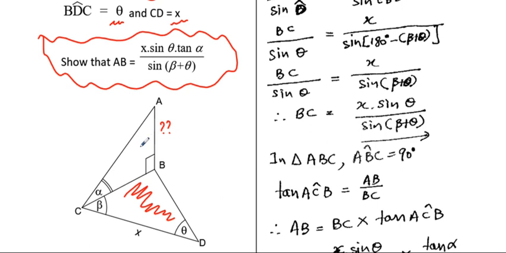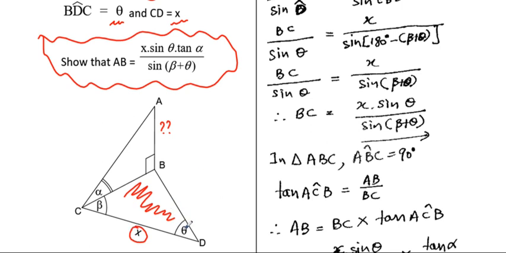Now if you notice, even in a right angle triangle, even in a non-right angle triangle, you must have at least the length of one side. In triangle ABC, we do not have that, so that's not where we're going to start. We look at the other triangle, BCD, which has two angles and at least one side, and that is useful. So we'll start there.